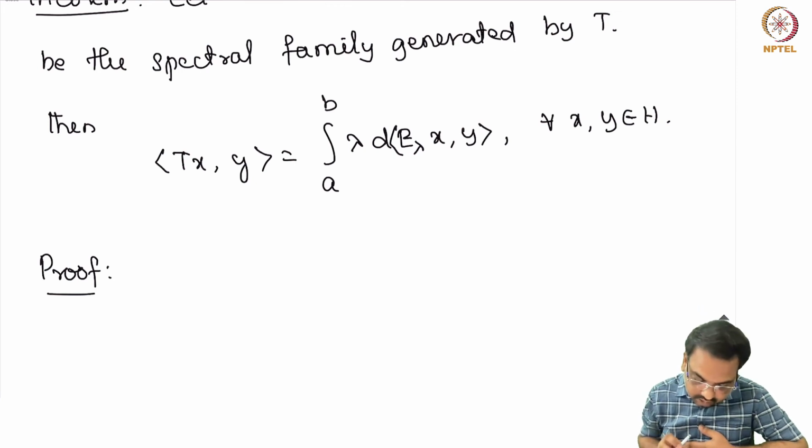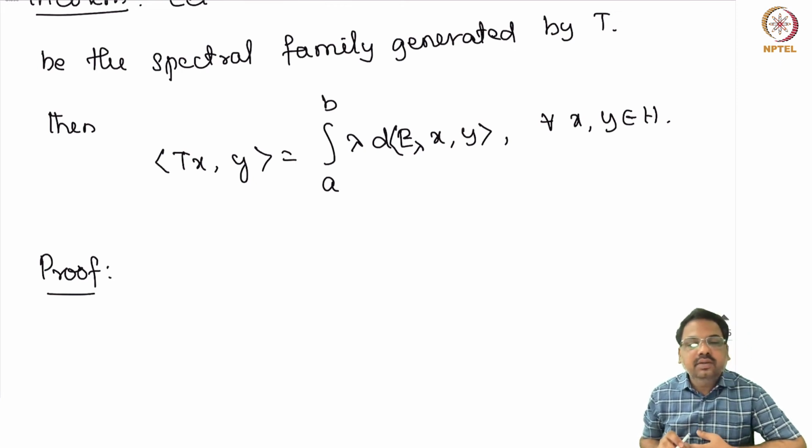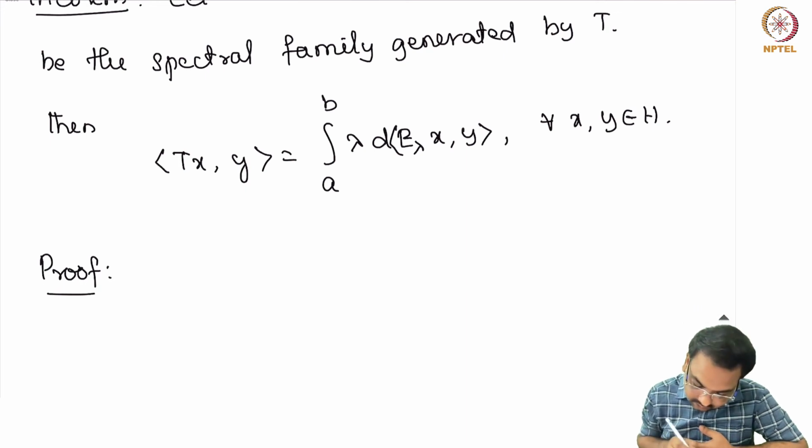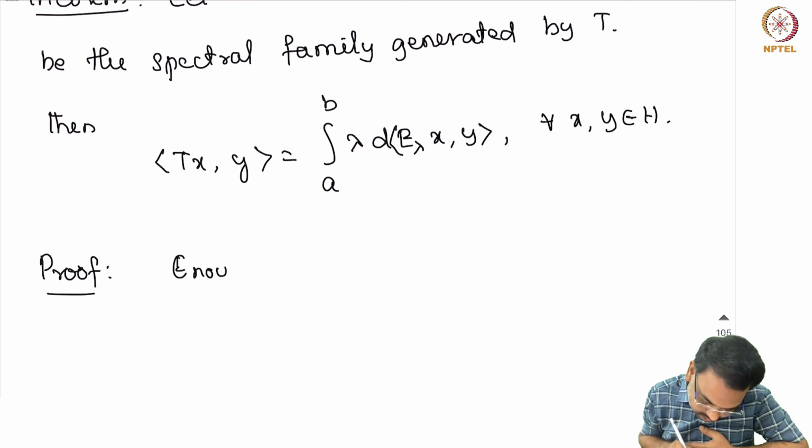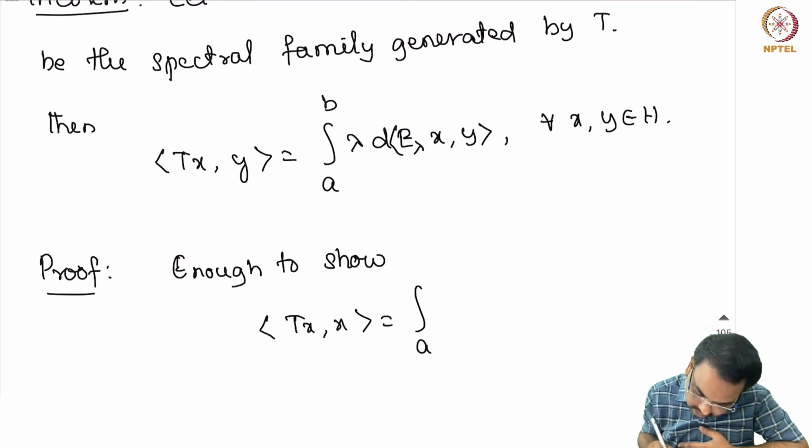To show this representation of the inner product of Tx with y, it is enough to look at the inner product of Tx with x and apply the polarization identity. So it is enough to show the inner product of Tx with x is the integral from a to b of lambda d inner product of E lambda x with x.